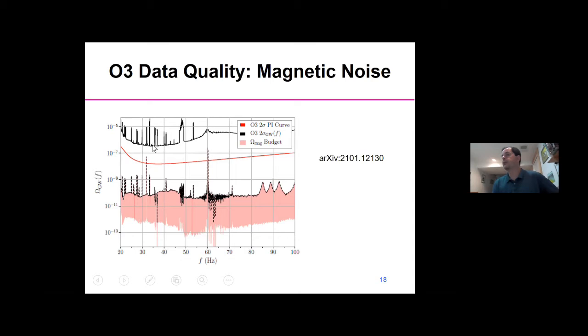But you can imagine that if we improve our sensitivity, let's say by 2 orders of magnitude, we will start to actually see the effect of the magnetic correlations. The other curve here, the red curve, is the PI curve, the power law integrated curve. Effectively, this is another way of looking at the sensitivity.